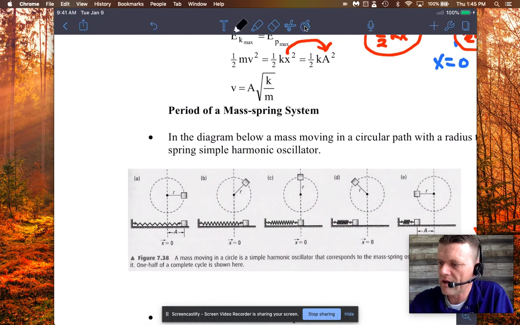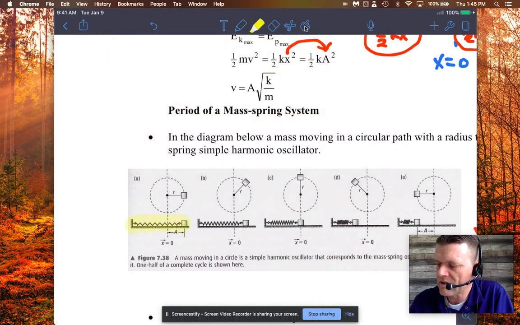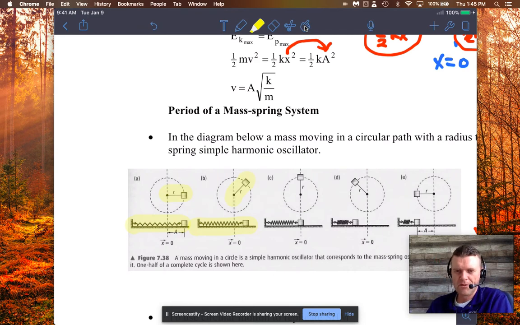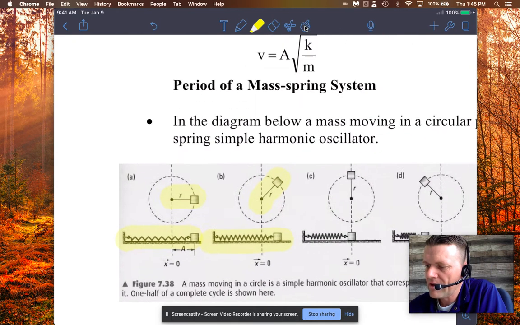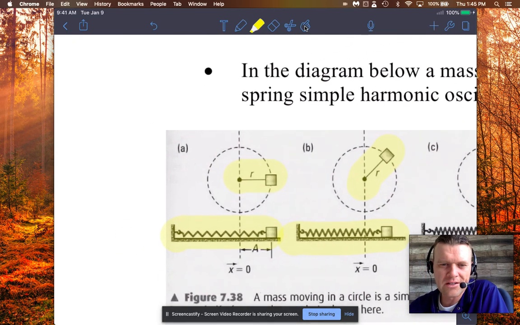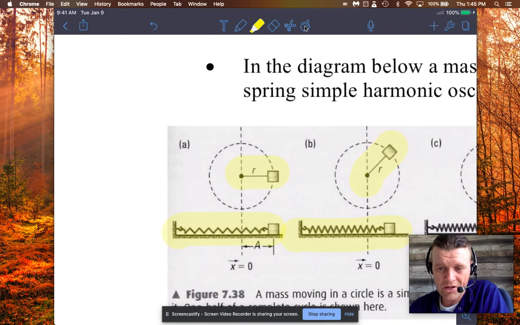Okay, you can see that. Actually, here, let me just highlight that here. You can see that down here. Okay, here's the mass on the spring. It's down there. And then here is a mass that's going in circular motion. Okay, and on purpose, we have the radius of the circle the same as the amplitude of the mass spring system.